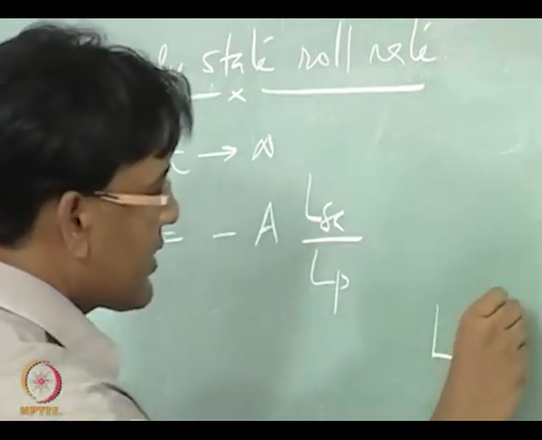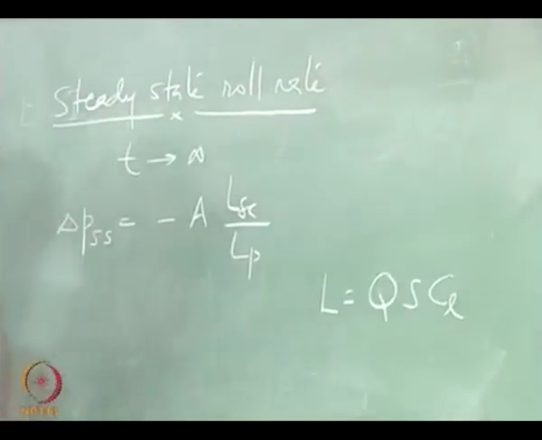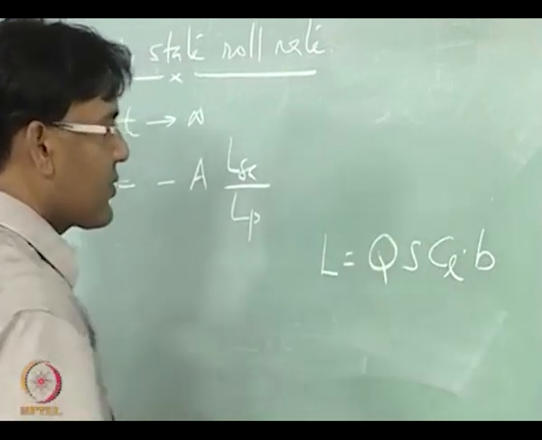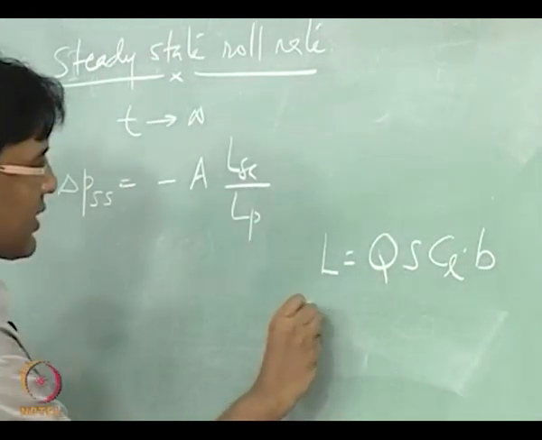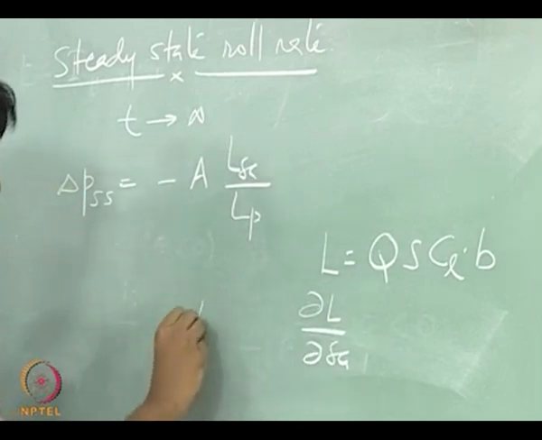L is Q S into rolling moment coefficient into span of the wing, and how we get L delta is this.